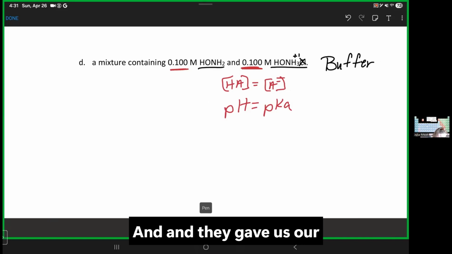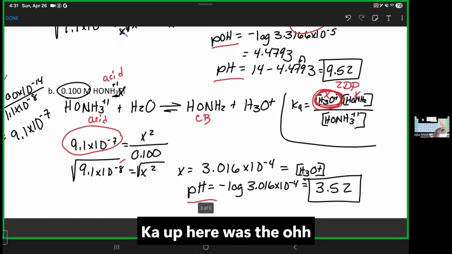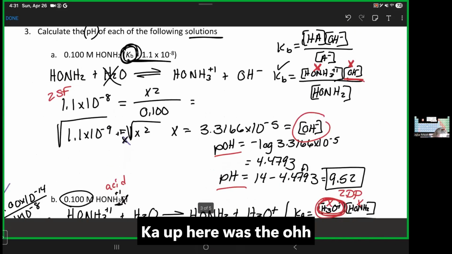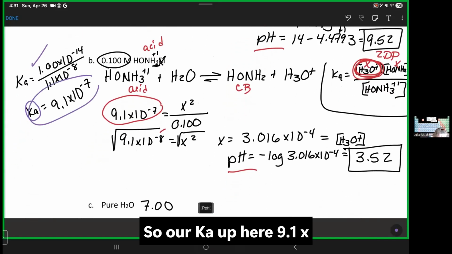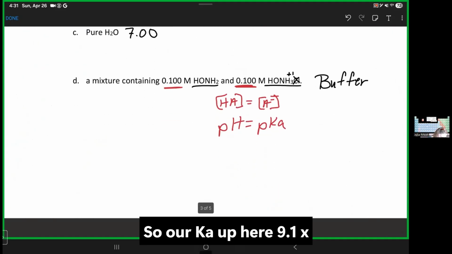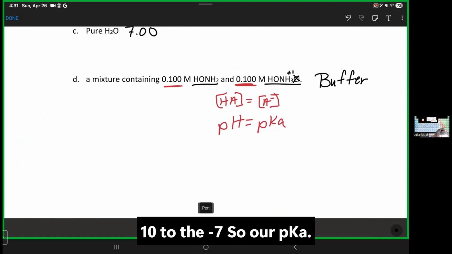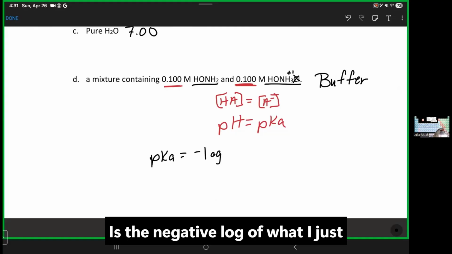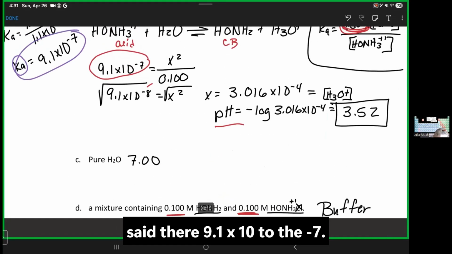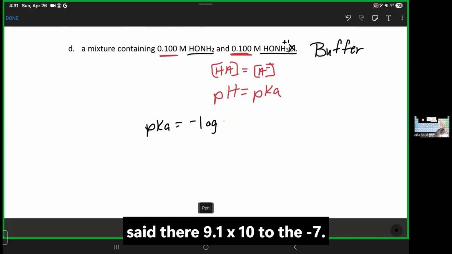And they gave us our Ka up here, 9.1 times 10 to the negative 7. So our pKa is the negative log of 9.1 times 10 to the negative 7.